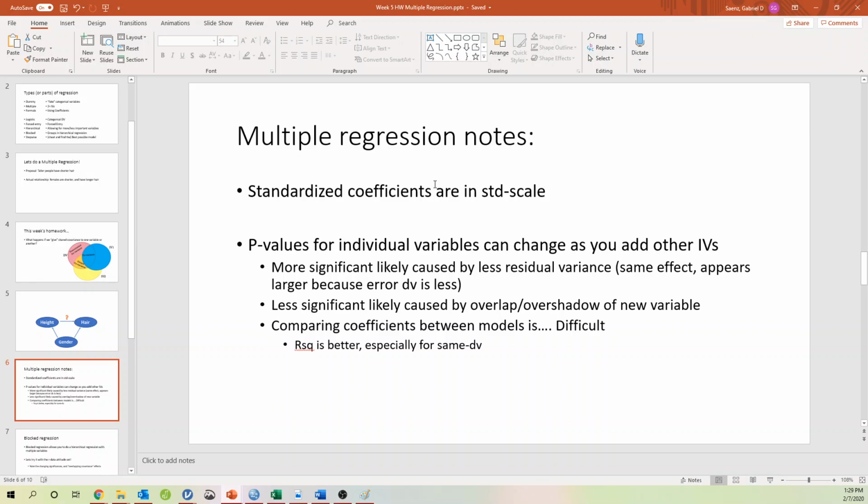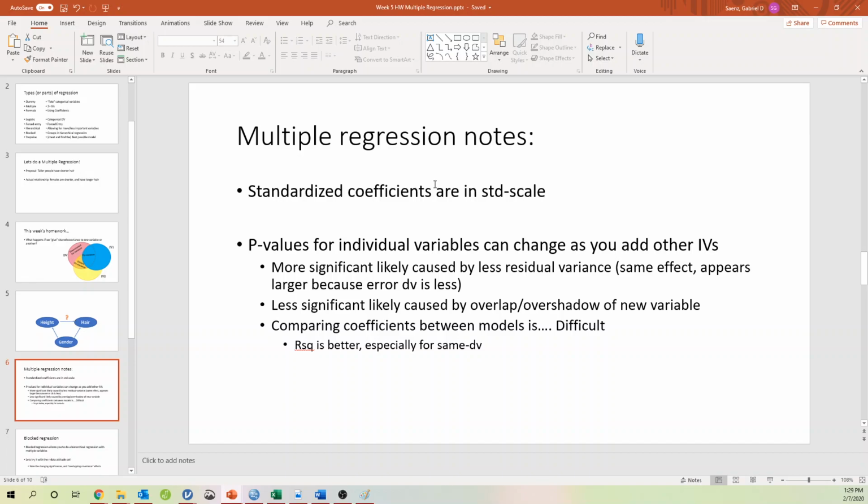It's not always a very good idea to try and compare coefficients or even standardized coefficients between regression models unless the model is almost exactly the same, because one coefficient is never going to be devoid of its relationship to the other coefficients in that same model.